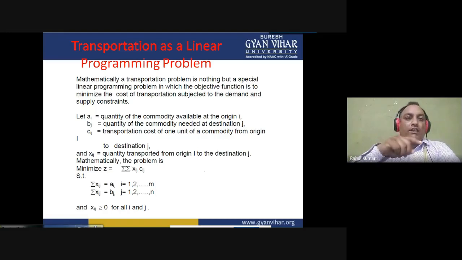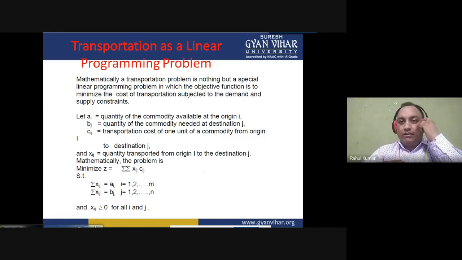Here origin is I and J is the destination. So BJ is the quantity of commodity needed at the destination J, and CIJ is the transportation cost of one unit of the commodity from the origin to the destination. So this CIJ is the transportation cost.